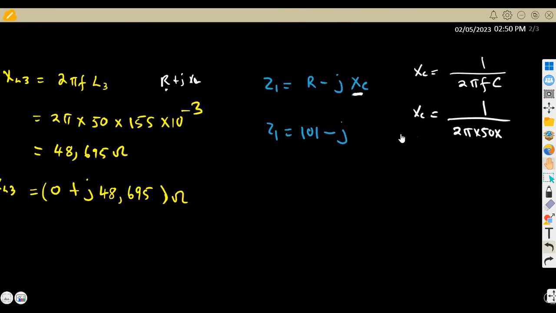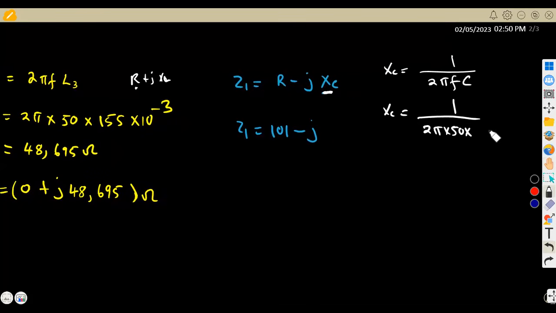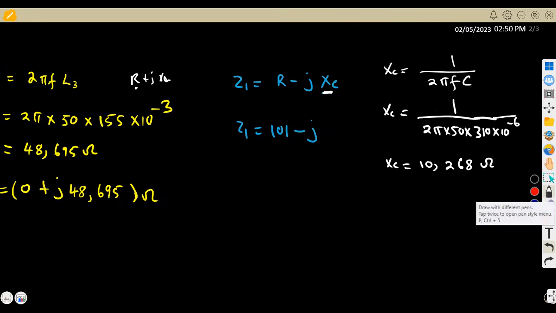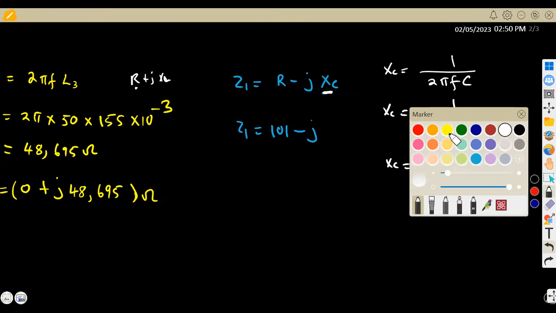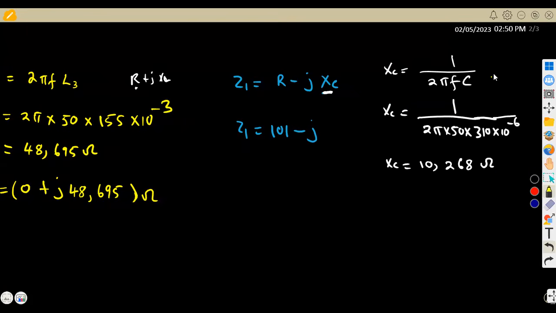Micro is 10 to the exponent of minus 6, so 310 times 10 to the exponent of negative 6. From your calculator, if you simplify properly, that's 10,268 ohms.